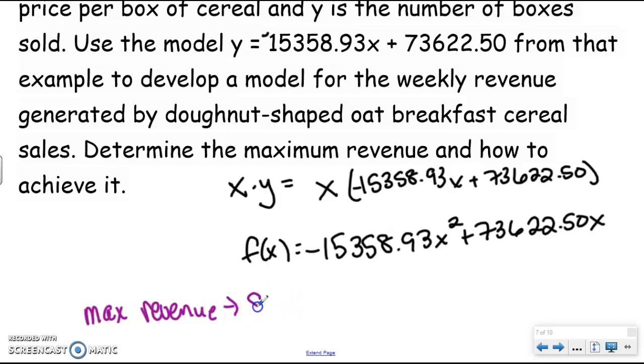So our maximum revenue is about $88,227, and that happens when x is about 2.40, if we round. Okay, and remember that x represents the price per box. So if we sell boxes of cereal for $2.40, that would result in our maximum revenue, which is about $88,227.